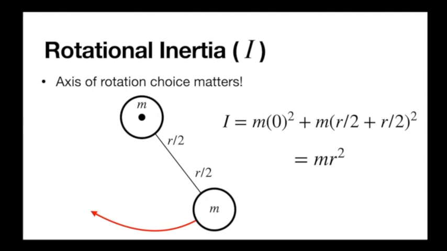Another important thing is that it's the distance, like I said, from the axis, and not just the point of rotation. So like I said before, on this chair, if I'm rotating it about the center, all of these points on the back of the chair have the same distance from the axis of rotation.